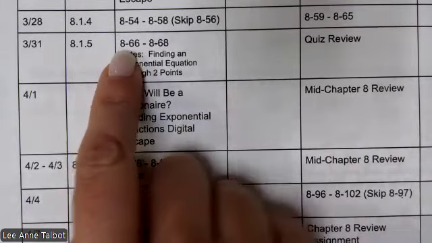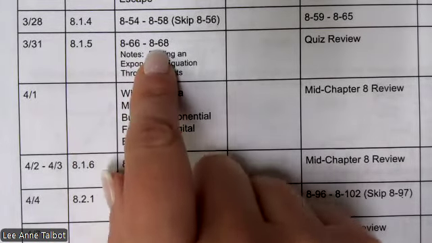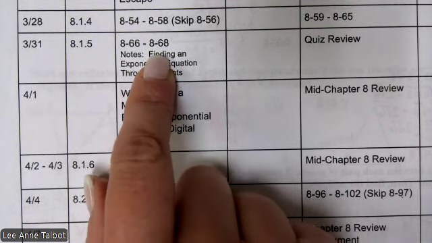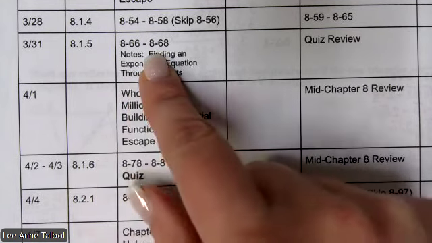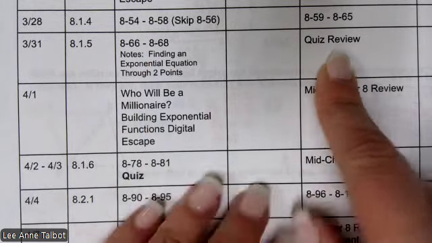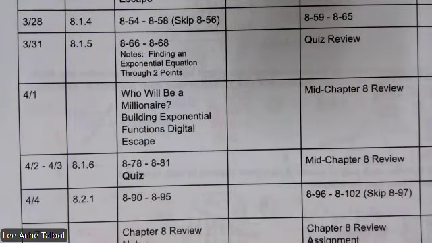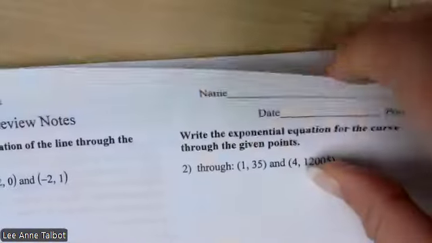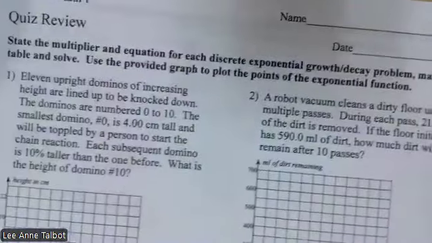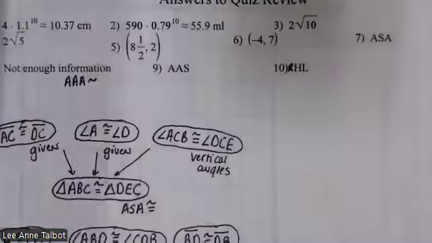Okay, so this is today. We're going to do problem 66 to 68 in our notebook. And the notes are actually problem 68. It's not a separate thing, which is good. The homework tonight is the quiz review worksheet. So let's find that. Right here. It says quiz review worksheet.